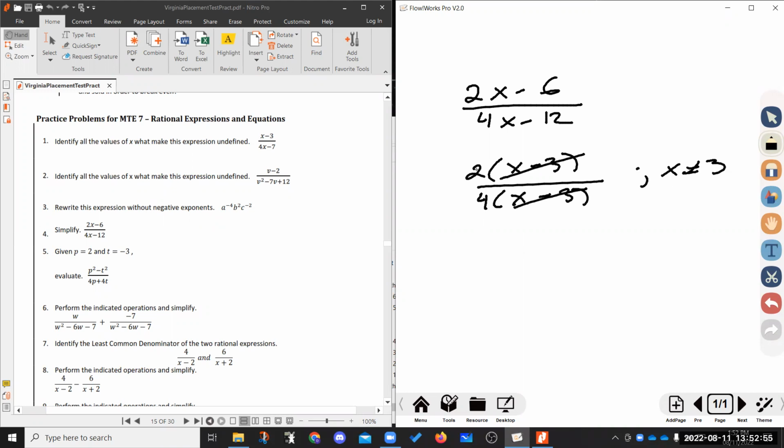And when we do that, 2 goes into 4 2 times. So this is going to equal 1/2 as long as x is not equal to 3. When x is equal to 3, the expression is undefined because we would have gotten 0 over 0, and we don't know what that is.